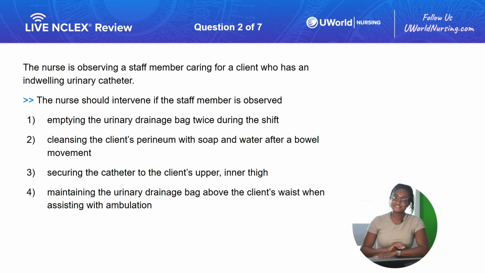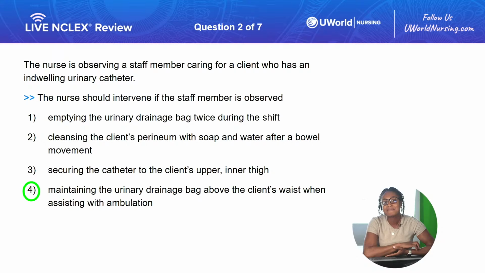So the correct answer for this one is option 4, maintaining the urinary drainage bag above the client's waist when assisting with ambulation. Going back to the question, we're looking for something to intervene on, meaning we're looking for an incorrect action that the nurse would be doing. If they are maintaining that urinary drainage bag above the client's waist when ambulating or walking, this would be something we don't want them to do.